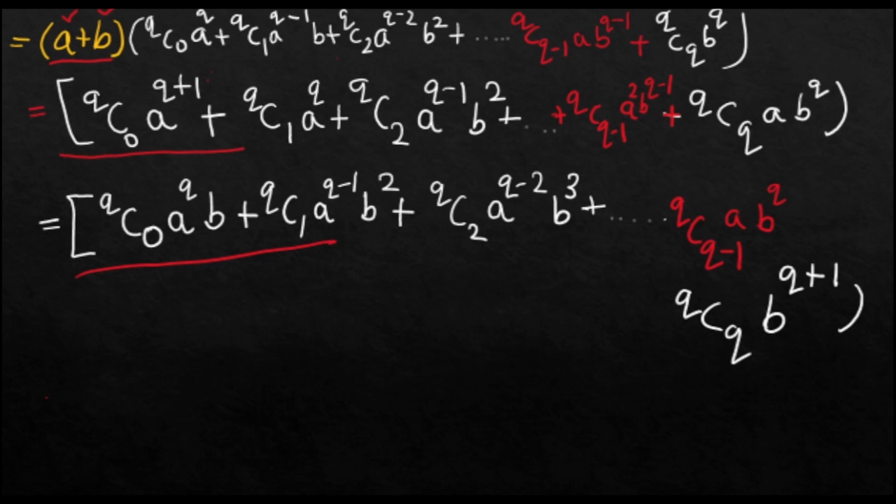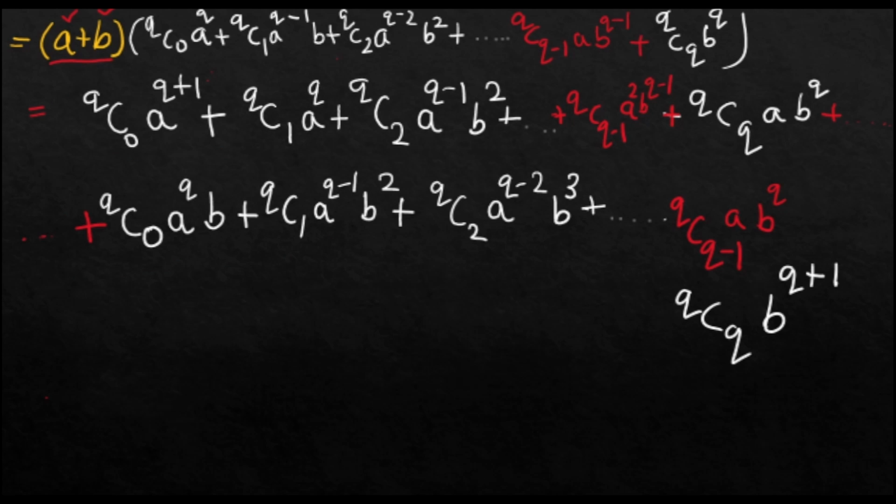To make it easy, I wrote these brackets here. Now I am removing them because the whole thing is 1. Just to show them separately so you can understand better, I separated them with the brackets. Now I am going to remove them.